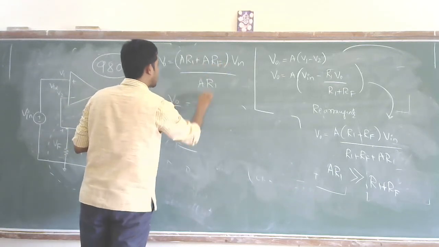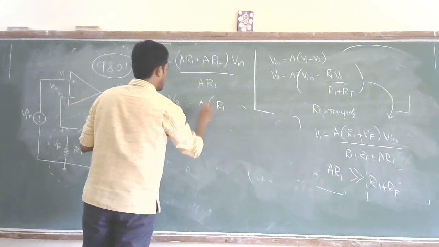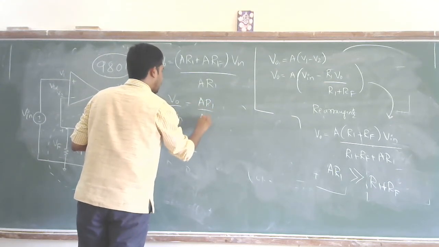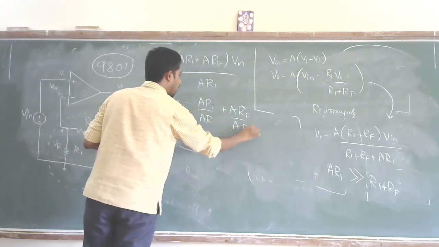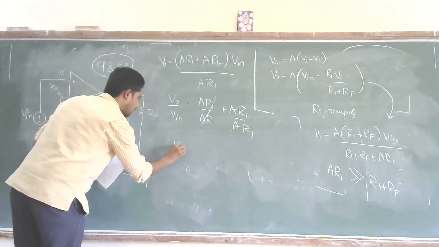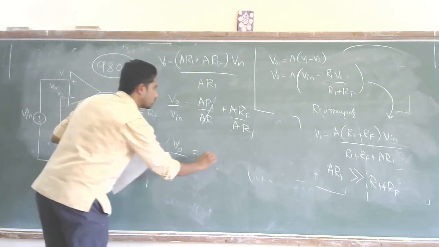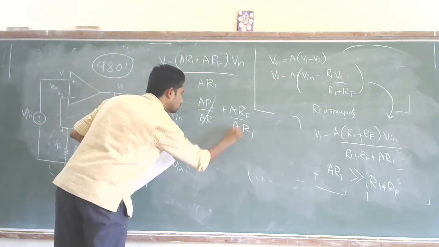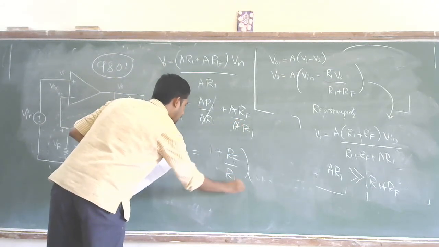So if I take out A common, AR1 by AR1 plus ARF divided by AR1, both are cancelled out. Look what is left out. A very interesting thing which I was telling in the beginning. V0 by V is equal to 1 plus, even this goes, RF by R1.